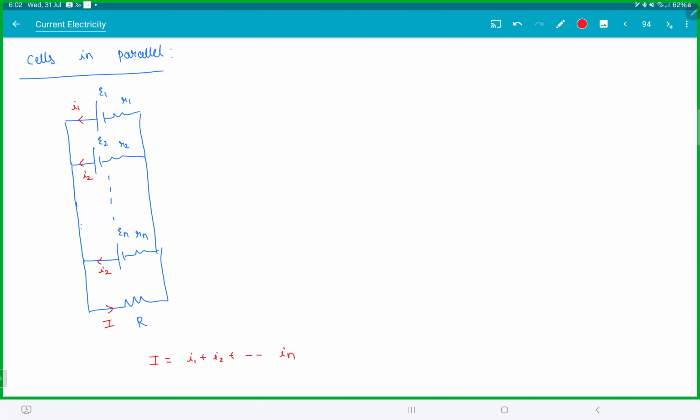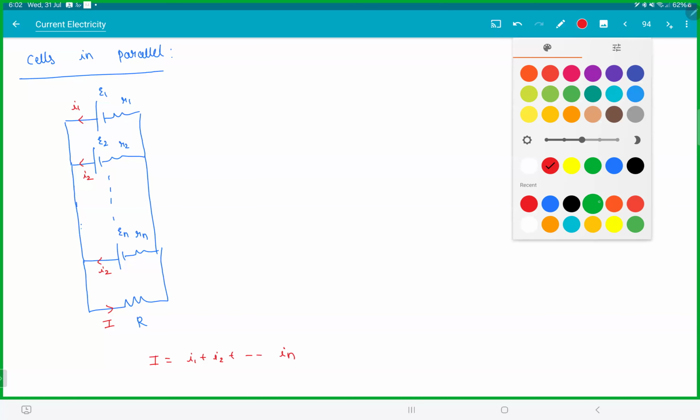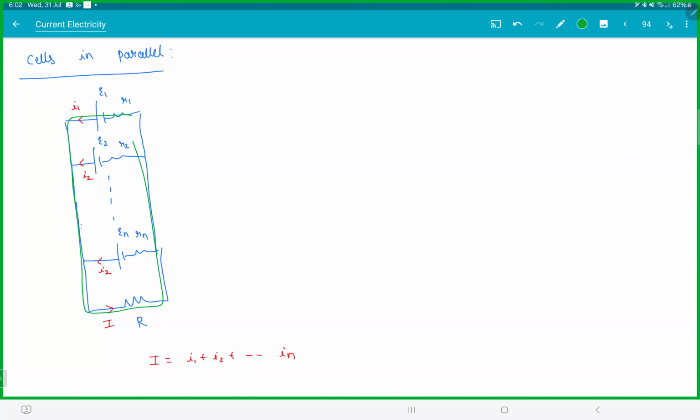So apply Kirchhoff's law through the first battery and the capital R. Then apply Kirchhoff's law in the second battery and the capital R, and so on. If you write these equations, you get E1 minus I1 R1 minus I capital R equal to 0. From here, you get I1 is equal to E1 minus I capital R by R1. Second battery, if you go, E2 minus I2 R2 minus I capital R is 0.